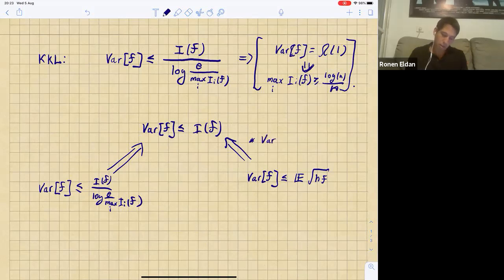I'll discuss this a bit later, but for now it's okay to assume that all the functions we're looking at have variance omega of 1.